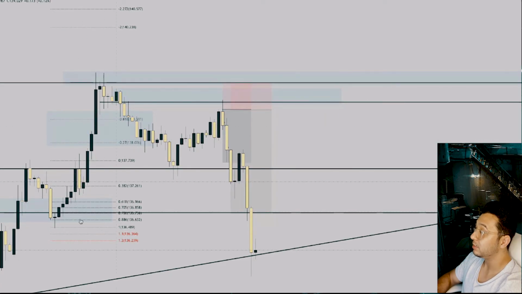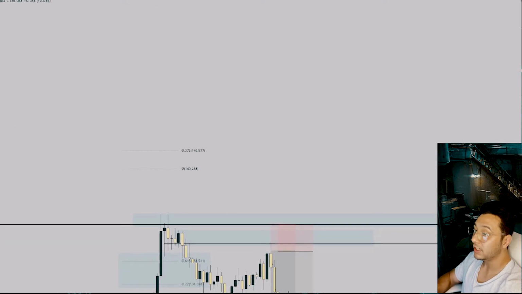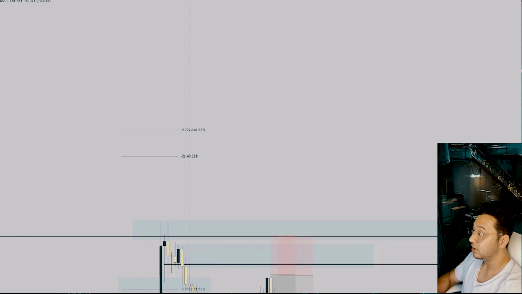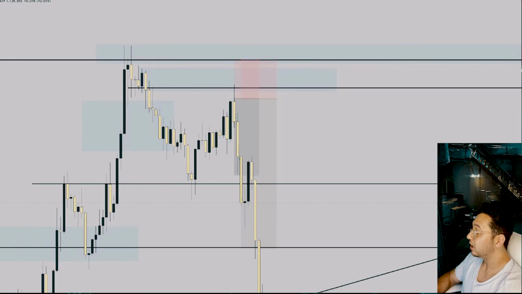I could care less about the rest because, one, I know where these areas are already based off of support and resistance and supply and demand, and two, I know where my stop loss is based off of structure. So you don't even need the fibs for these retracements. The only thing I look at is the potential take profits. So I can show you how I identified this area as a potential take profit.